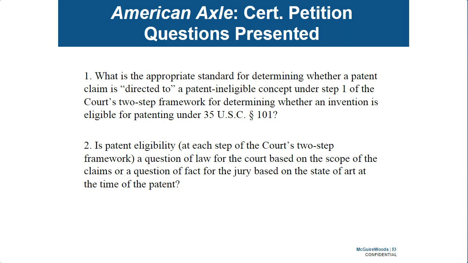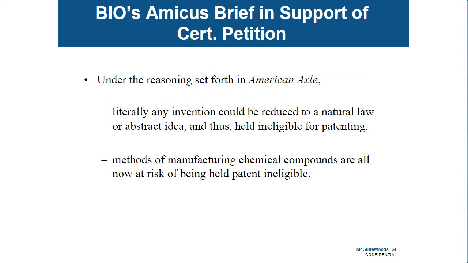The BIO organization, which is the Biotechnology Innovation Organization, which is basically a trade group, filed an amicus brief in support of the cert petition. And they argue, under the reasoning set forth in the American Axle case, literally any invention could be reduced to a natural law or abstract idea and thus held ineligible for patenting.